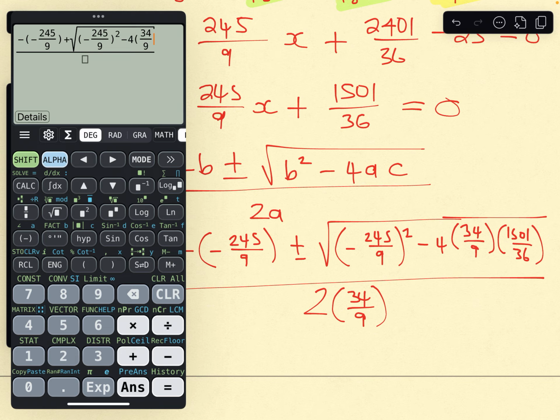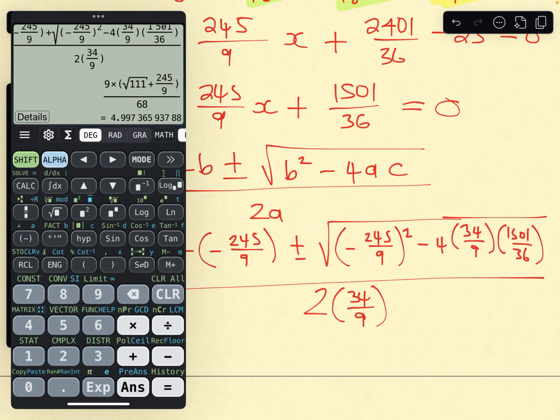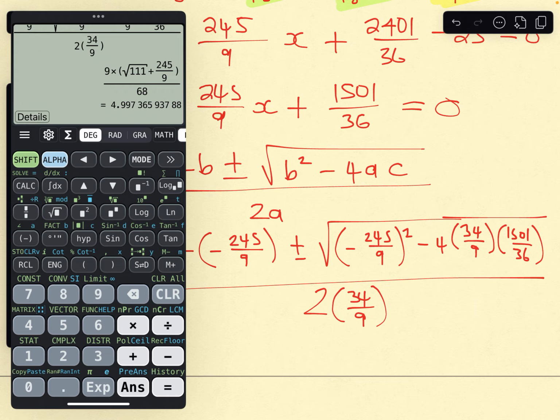I hope so. It's outside. Oh no, it's always so finicky getting this right. Anyway, close the bracket, and then down here we have 2 times 34 over 9. And what do we get? We get 4,997 something something.